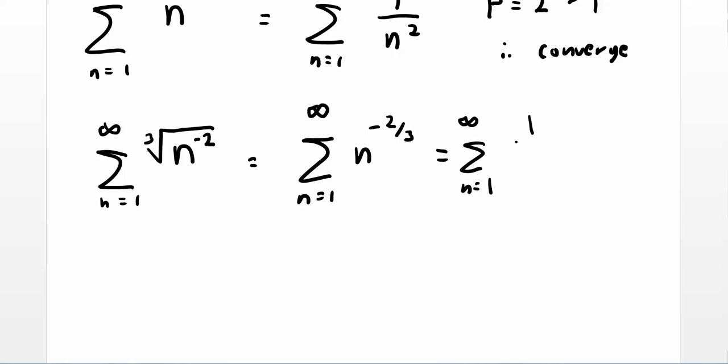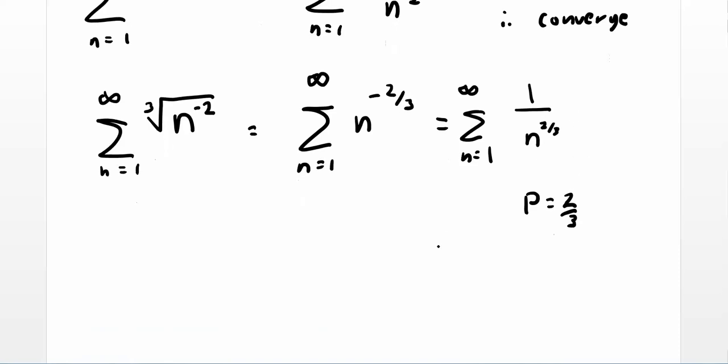So we'll rewrite it until we get there. So 1 over n to the 2/3. So you see p is 2/3, which is not greater than 1. Therefore, the series diverges. So don't forget all your algebra skills.